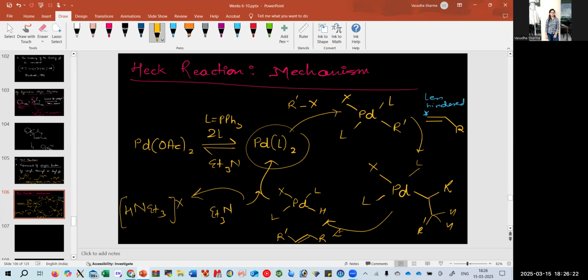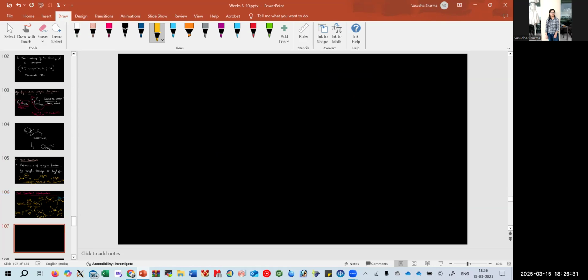So this is the mechanism that is being followed for the Heck reaction. There are certain generalized points for the Heck reaction, which will be taken up now.